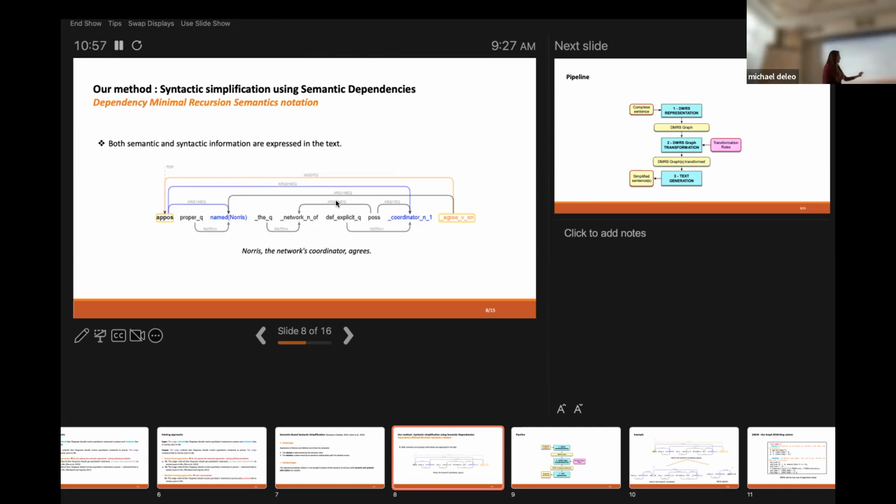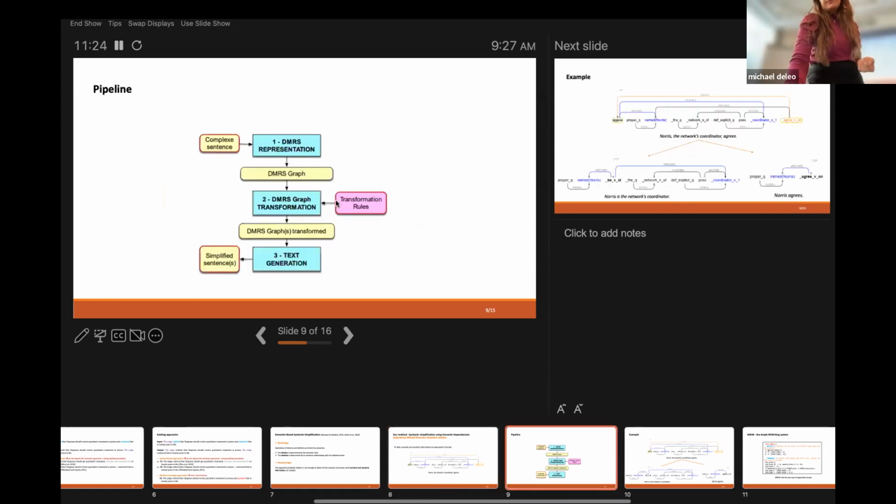So from the graph, we do some transformation, for example, delete some nodes, delete some links between the nodes, and from the obtained graph, we have 2 or more subgraphs, and when we apply the generation step on these subgraphs, we have 2 or more sentences.